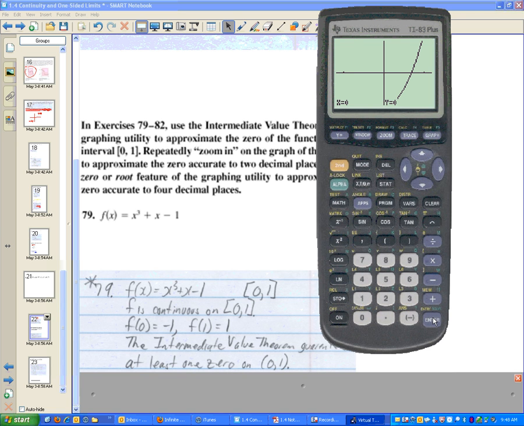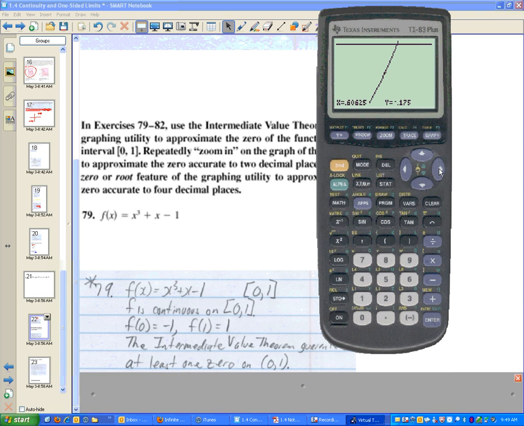Okay. Should I trace over closer to the 0? Oh, I need to do this. Where's my cursor? Does anybody see it? Oh, there it is. So if I get that close and I zoom in now, does that zoom in on that little dot? Okay, so I'm getting closer.